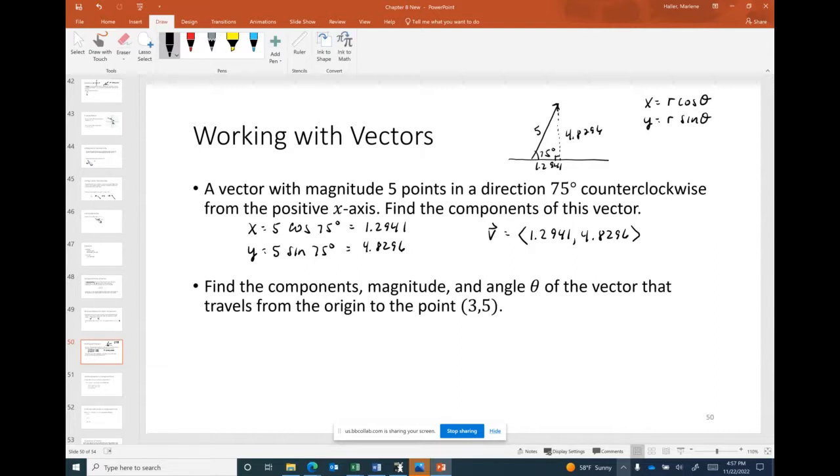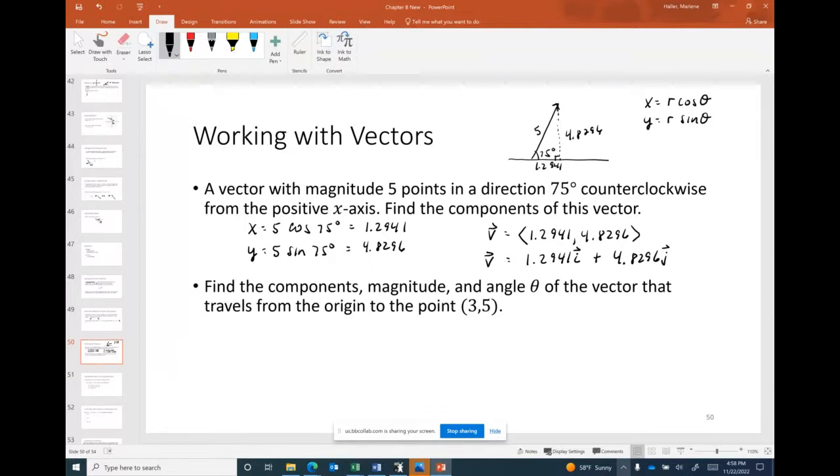Okay. I could also write this vector in terms of unit vectors. Another way to specify this, I could say this is 1.2941i plus 4.8296j. Okay, same thing, just specified two different ways.